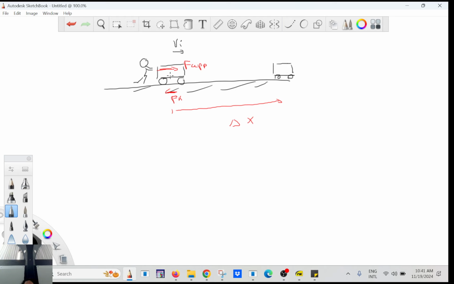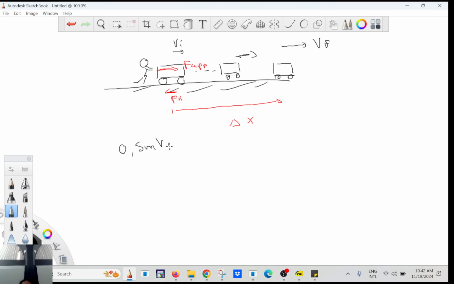Let's say you overcome friction, so that means the velocity is going to increase. If you apply force equal to friction, the velocity is not going to increase, which means there is no change in kinetic energy. Here it's going from here to there, and there is an acceleration. So in that case, you're going to say whatever energy it had before, which is kinetic.